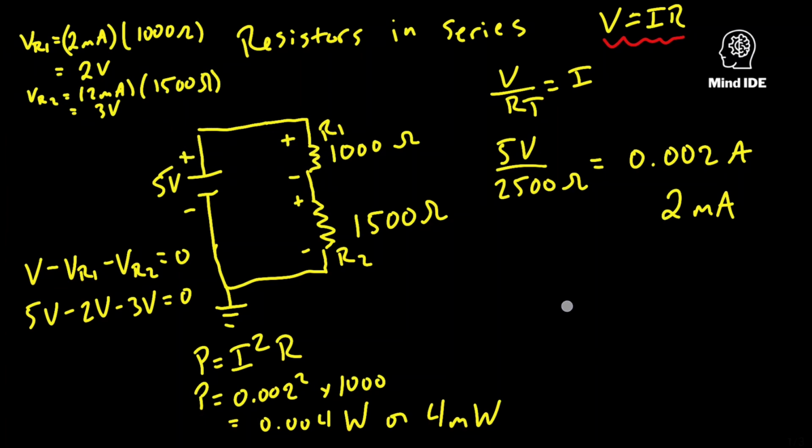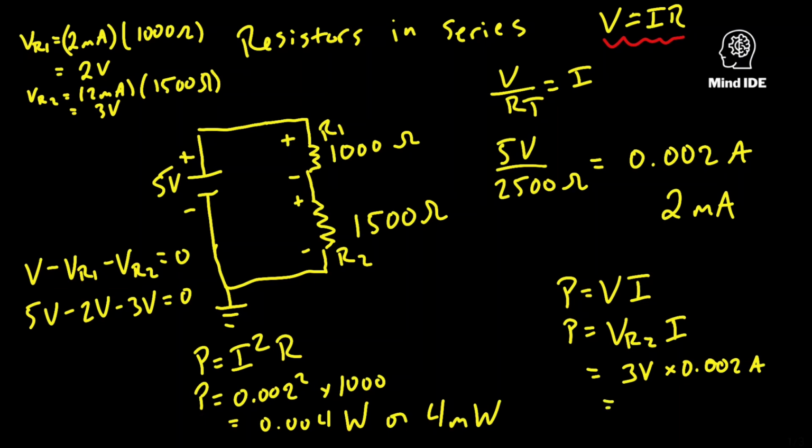All right. So the other way that we can do this is P equals V times I. And if we're doing R2, P equals VR2 times I, which is going to be 3 volts times 0.002 amps. 3 times 0.002 is 0.006 watts, or 6 milliwatts, which I believe is also correct.